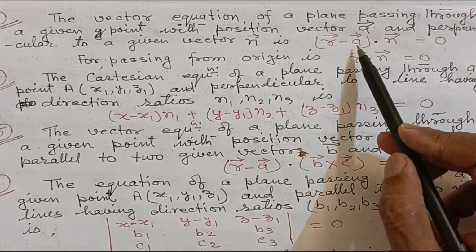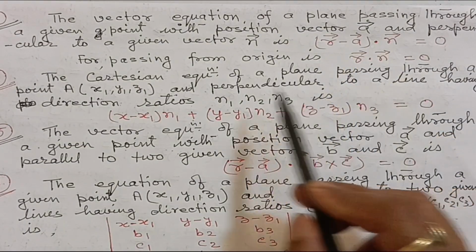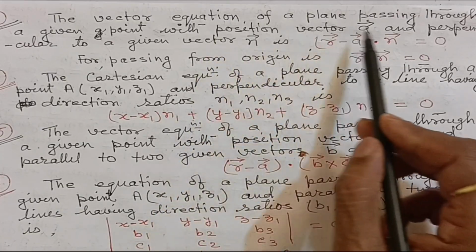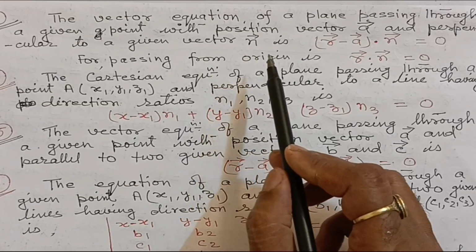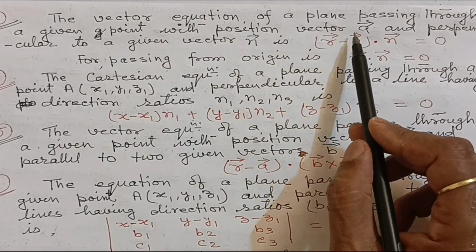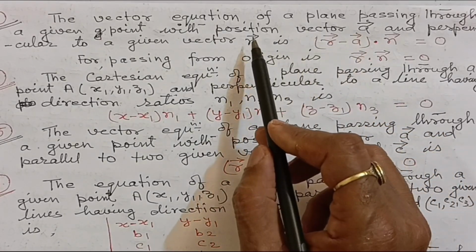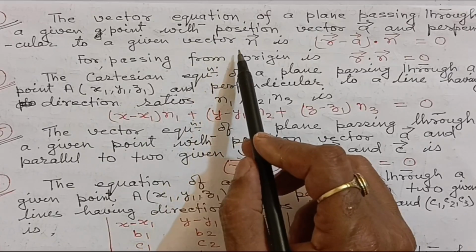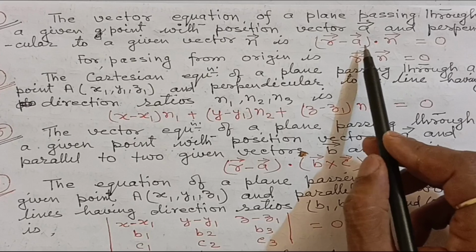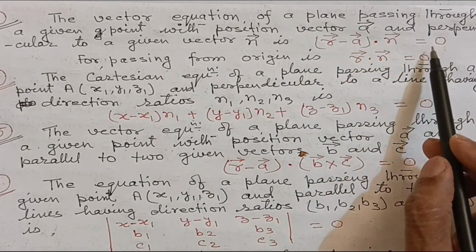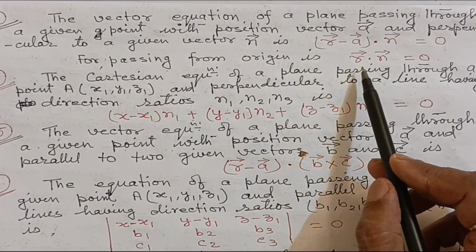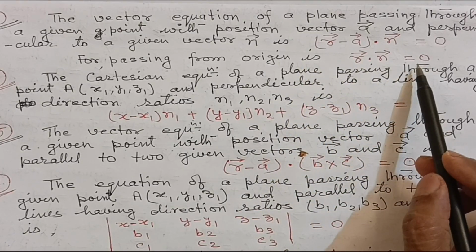Here, vector A is equal to 0 when it passes through the origin. The equation of a plane passing through a given point whose position vector is A, and normal to vector N, is (vector R minus vector A) dot vector N is equal to 0. If this plane passes through the origin, the equation is vector R dot vector N is equal to 0.